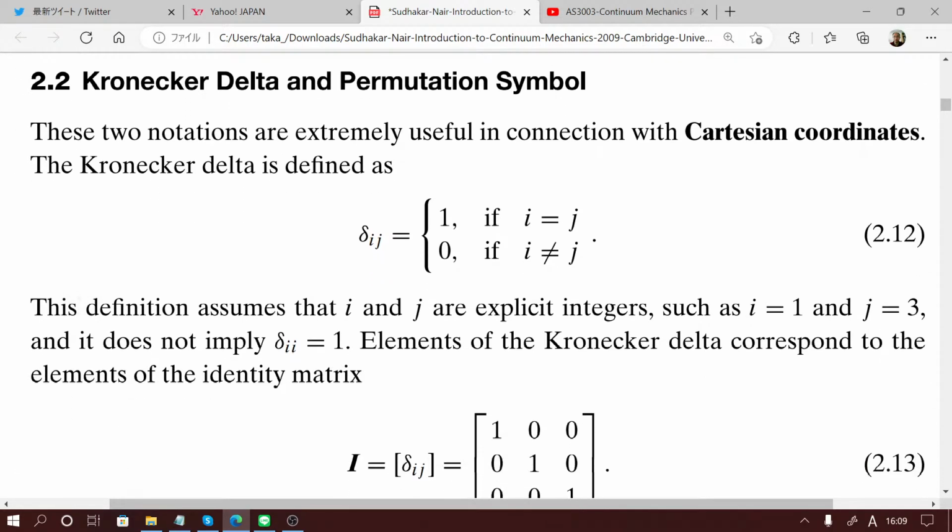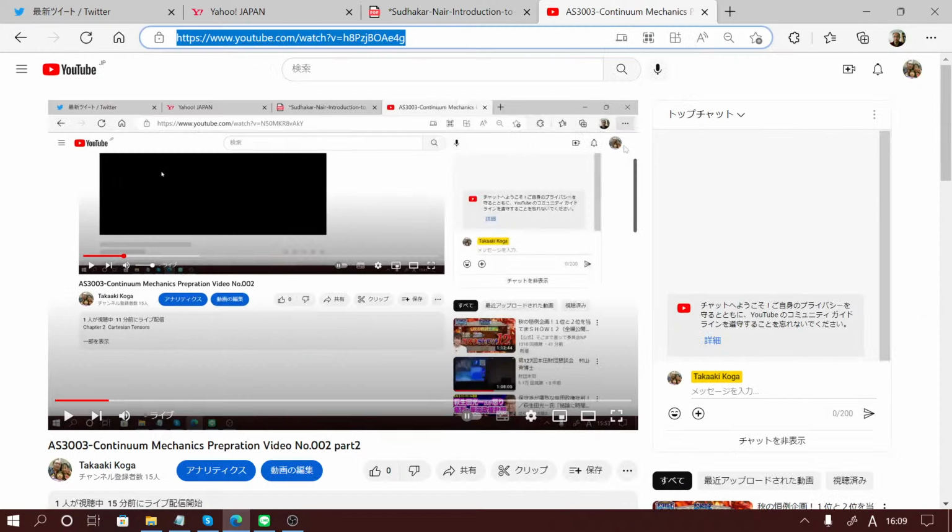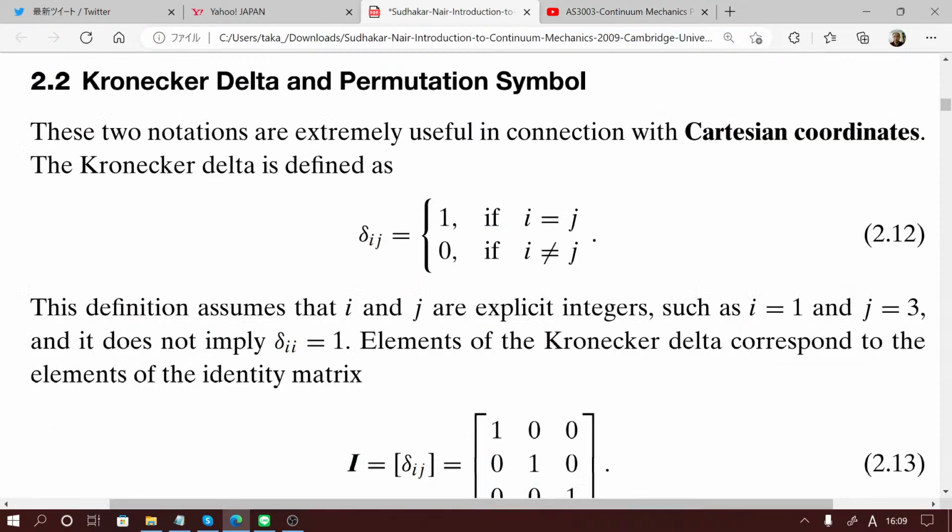Kronecker delta and permutation symbols, part 2. These two notations are extremely useful in connection with Cartesian coordinates. One is the Kronecker delta.